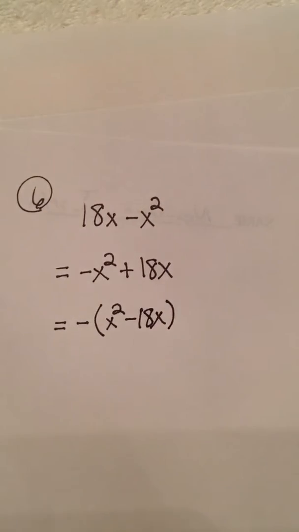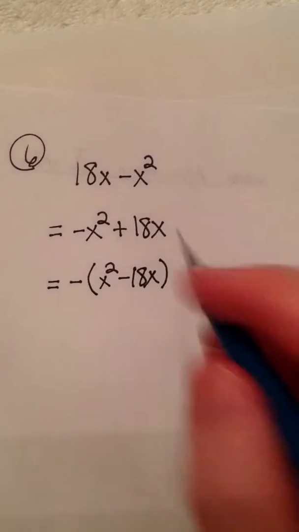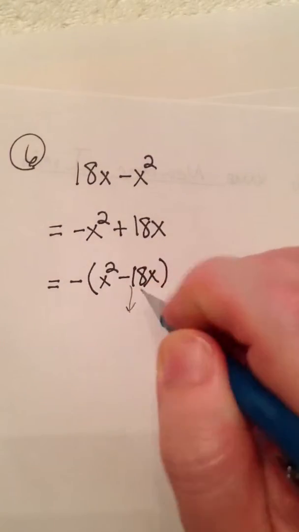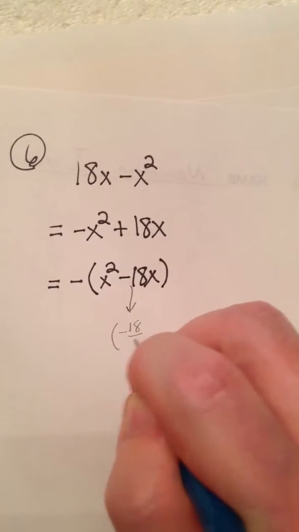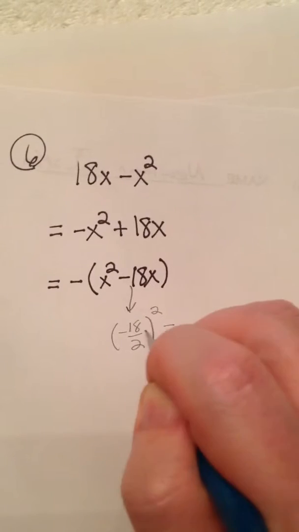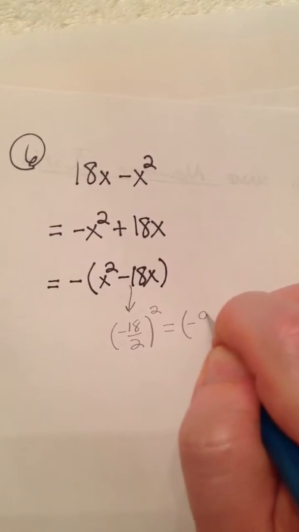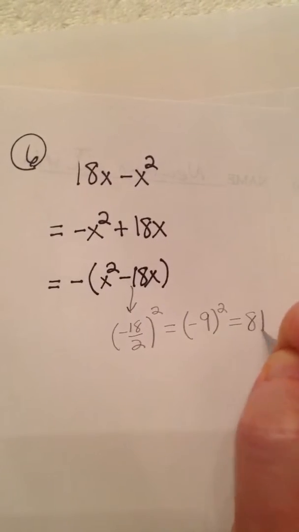And in looking at completing the square, with the coefficient negative 18, we're going to take half of this and square. Half of negative 18 is negative 9, squared, which is 81.